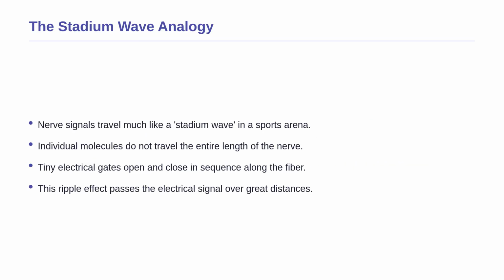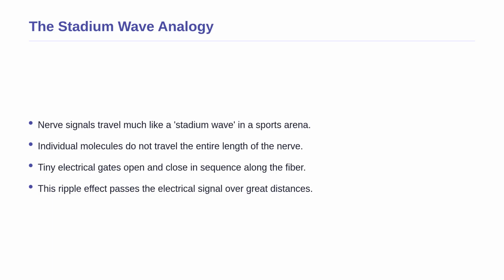To begin our journey, let us imagine you are sitting in a massive sports stadium. Suddenly, a group of fans stands up to start a stadium wave. As they sit down, the people immediately next to them stand up, and this ripple effect continues all the way around the arena. Notice that the people themselves do not run around the stadium. They just stand up and sit down in their specific spots.